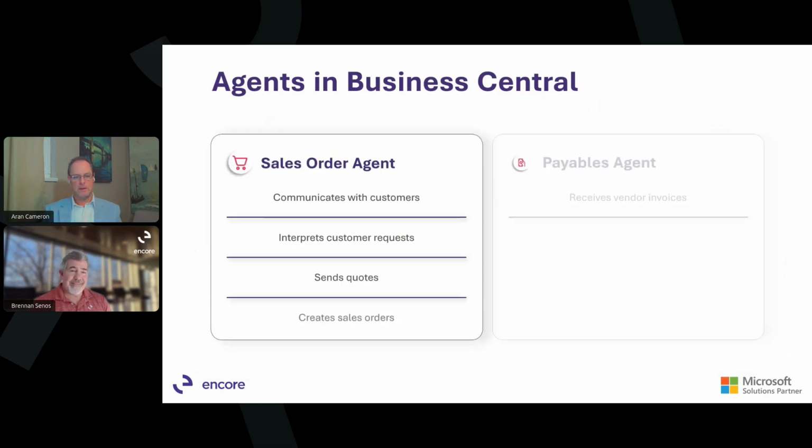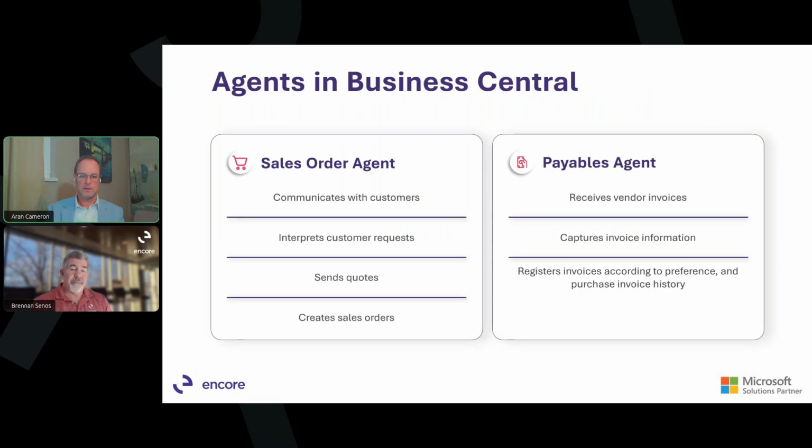So specifically, the agents within Business Central, sales order agent and payables agent, we'll dig into these in a couple of minutes in a relatively decent amount of detail. But largely, that sales order agent is there to communicate directly with those customers, try to interpret or understand what the customer is asking for, and then send back quotes to customers as well as create sales orders within Business Central.